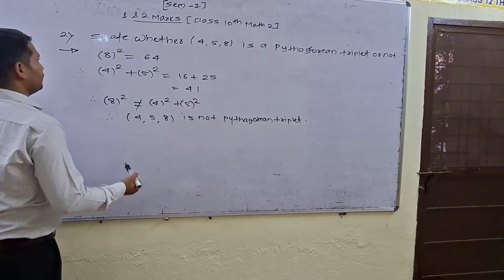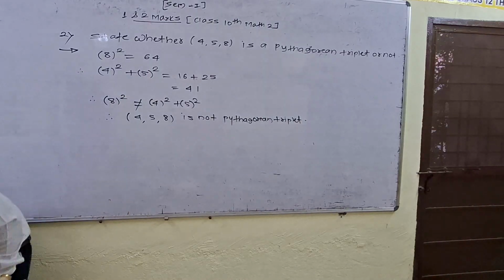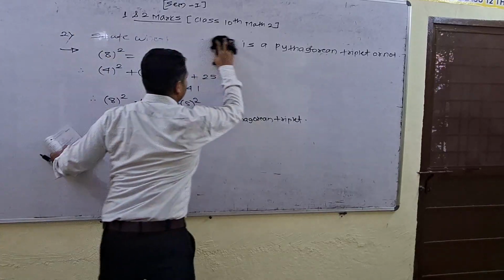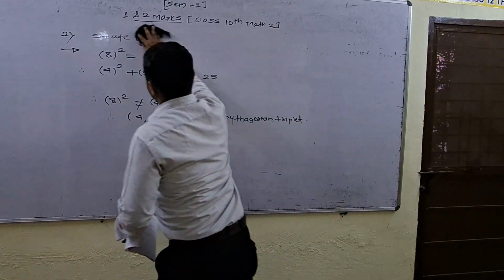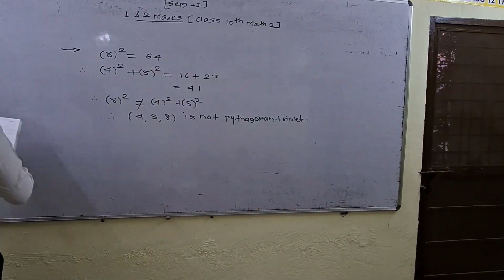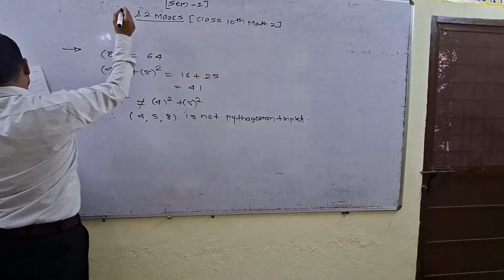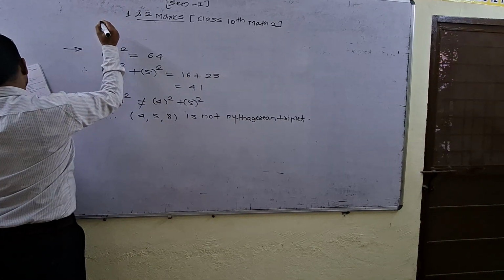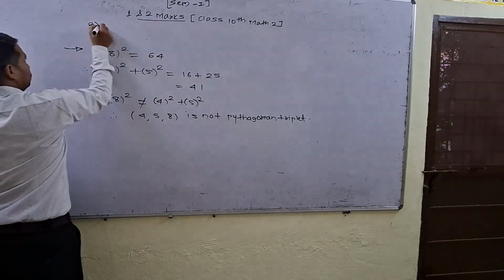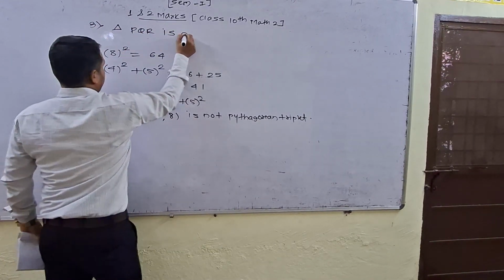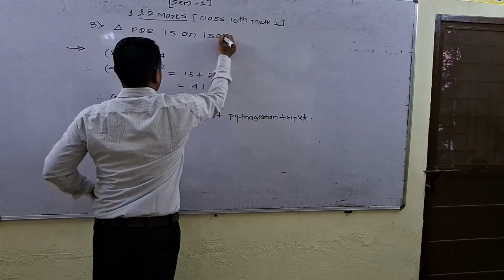Now write down the next example. Example number three. Triangle PQR is an isosceles triangle.